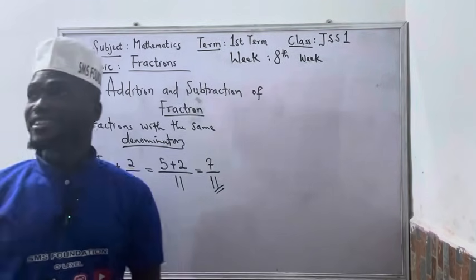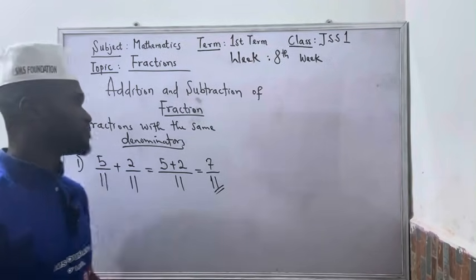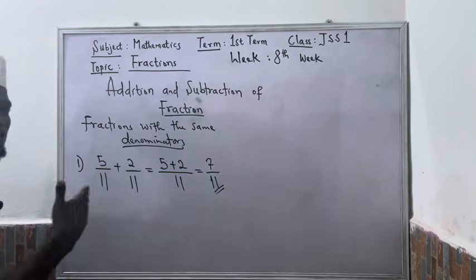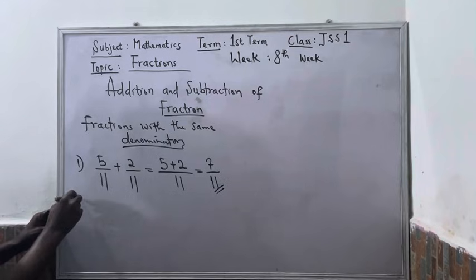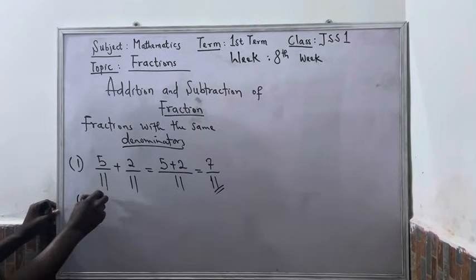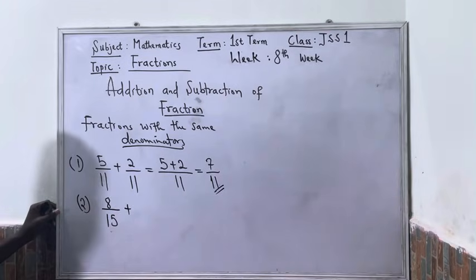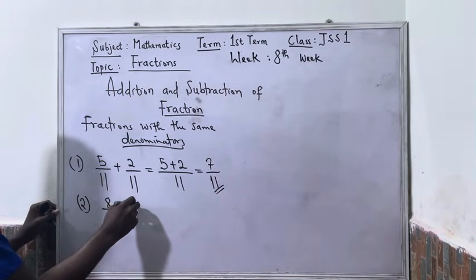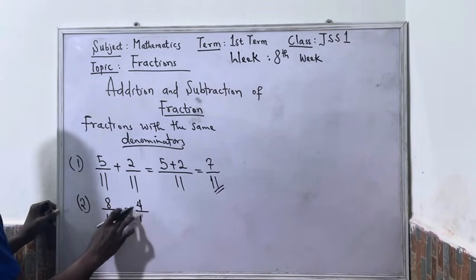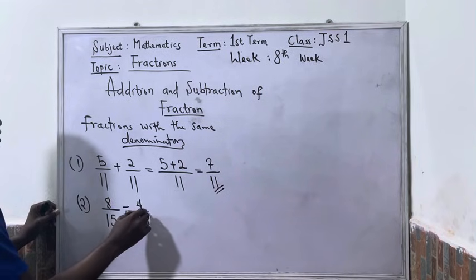You can see that it can be as easy as this sometimes. Very good. Now, if it is subtraction, it can also be done this way. Let's say we have 8 over 15 minus 4 over 15.